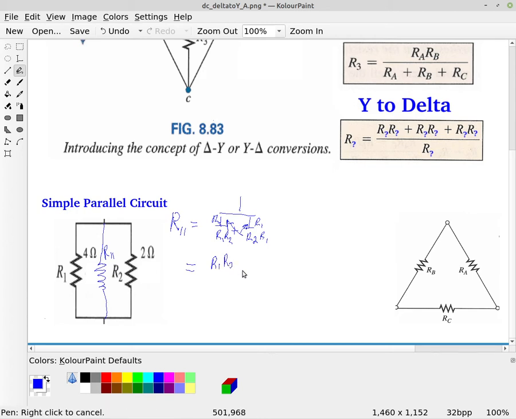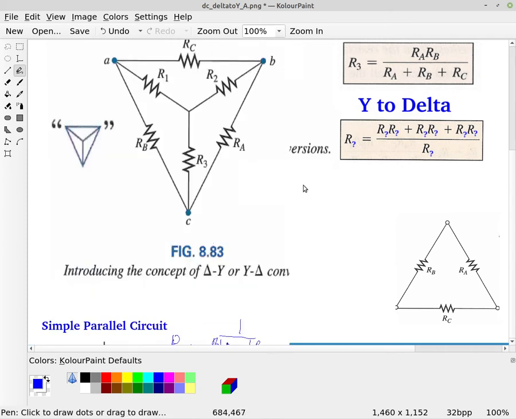If you just have two resistors in parallel, you end up with R1 times R2 divided by R1 plus R2. So for these parallel resistors, you take this resistor R1 and this resistor R2, multiply them, and divide by the sum of them.